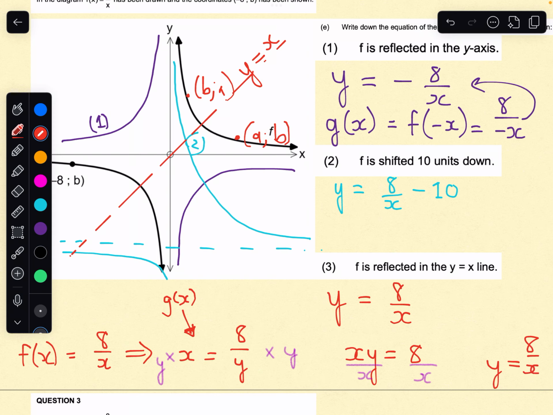So this shows us that the way that we've reasoned about it here, using the idea that this is one of the axes of symmetry of the hyperbola f, and therefore reflecting it in this line is going to result in the exact same curve, and therefore we'll have the same equation as f. This is just another way that we arrive at that same conclusion.